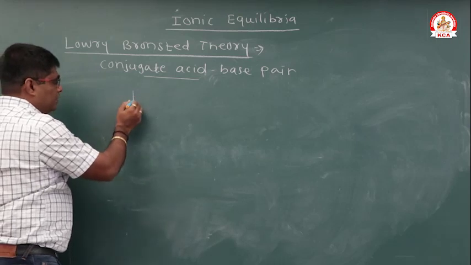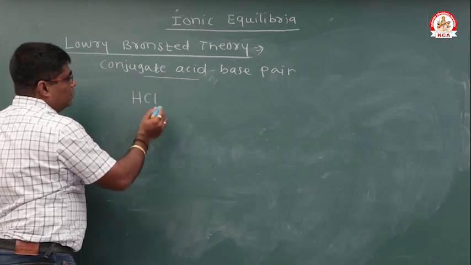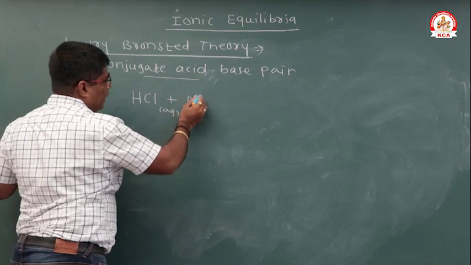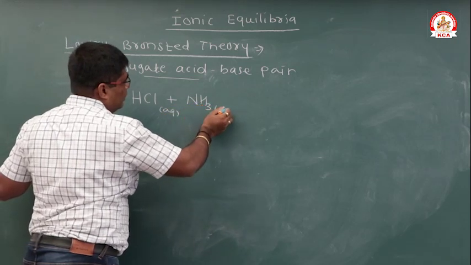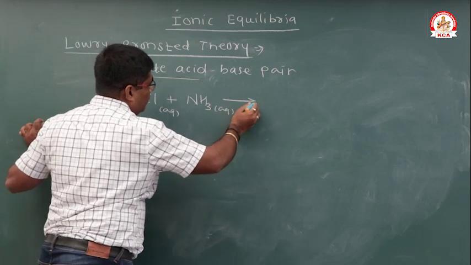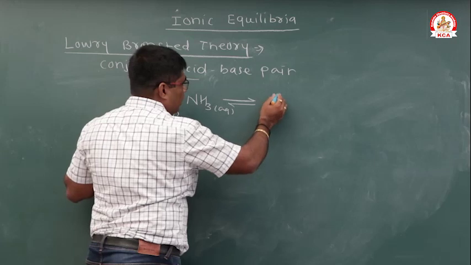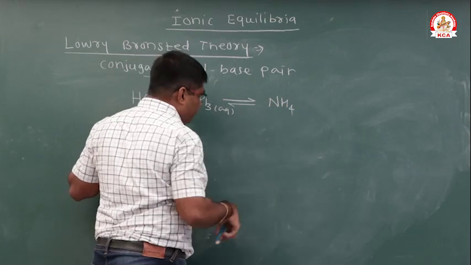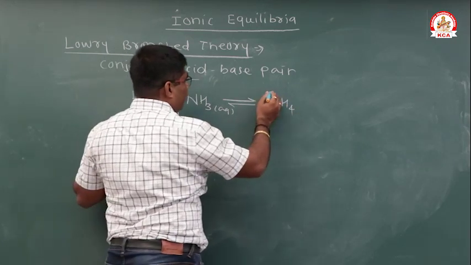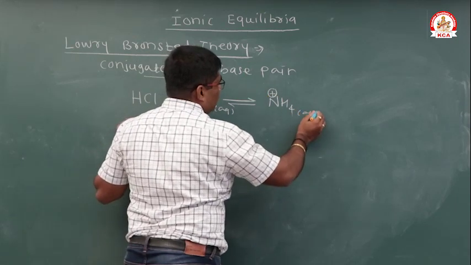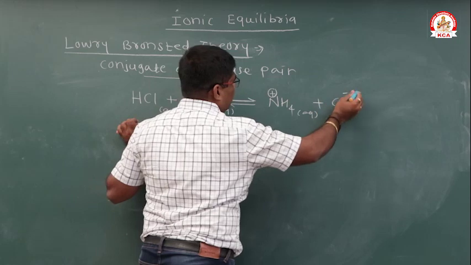One simple example for this: consider HCl, definitely in aqueous medium, and NH3. Then what happens? This HCl donates the proton, and this proton is accepted by the ammonia, forming the ammonium ion NH4 plus. And what is remaining?